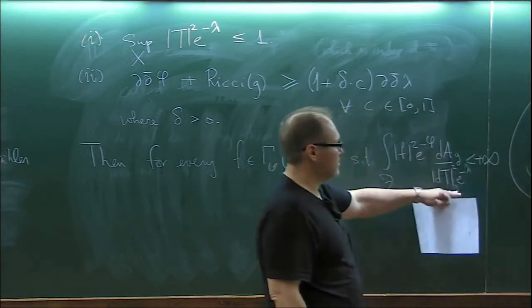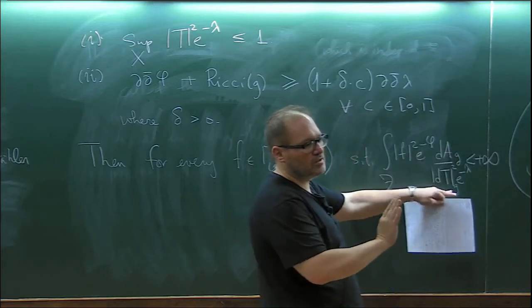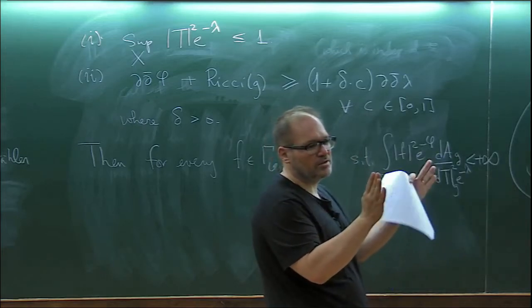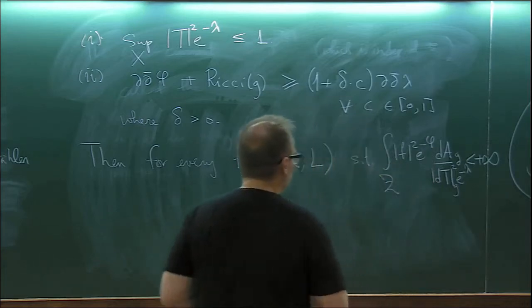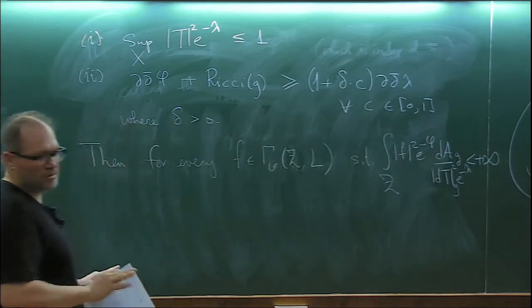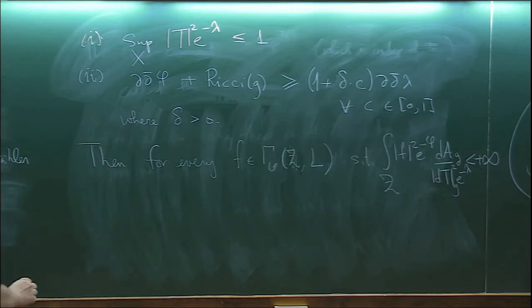So this is the volume form you get in the limit as x collapses onto z. But don't worry, this is just something that comes out in the proof.